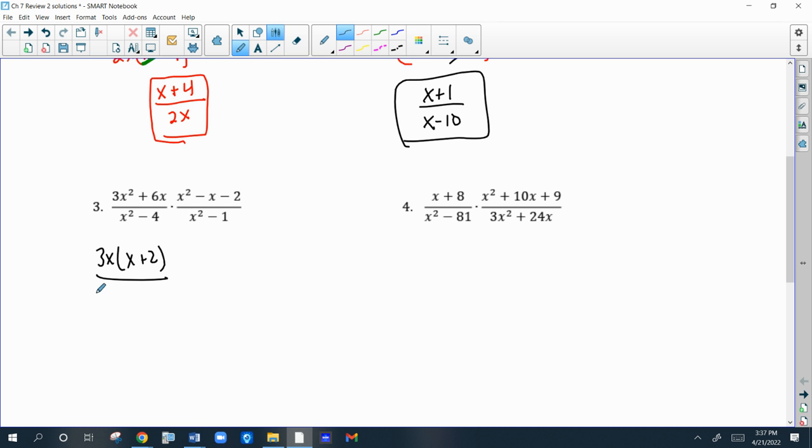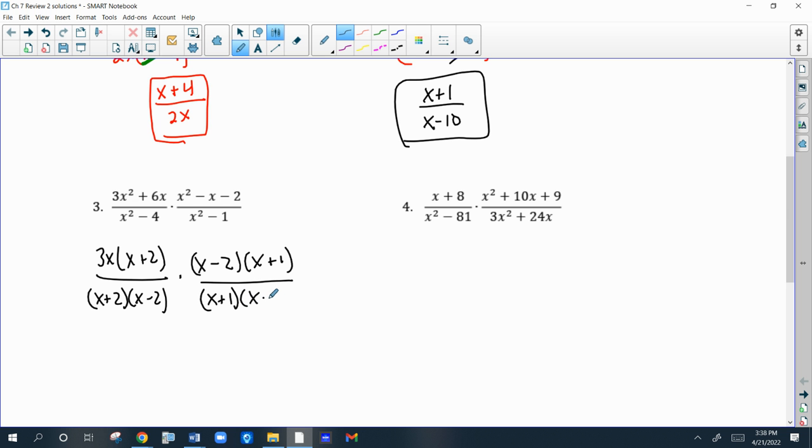This bottom is a difference of squares, x plus 2, x minus 2. You have times. The top quadratic, factors of negative 2 that add to negative 1 are negative 2 and positive 1. And the bottom is the difference of squares, so that factors into x plus 1, x minus 1.